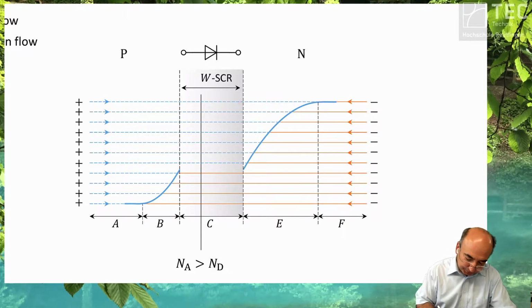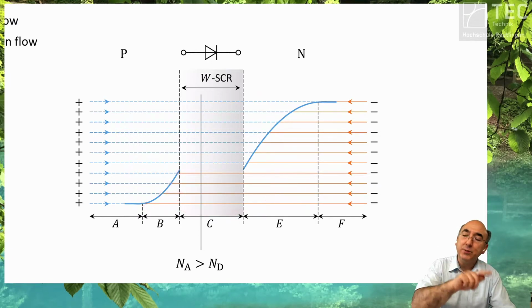And these concentrations change as a function of the distance. We assume that the electrons which are injected from the right-hand side also diffuse and recombine, diffuse and recombine.